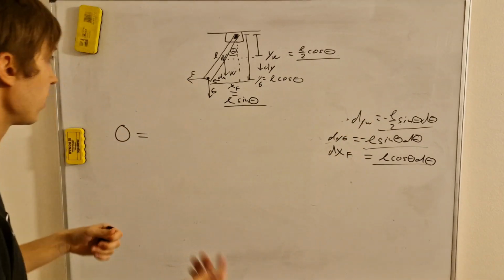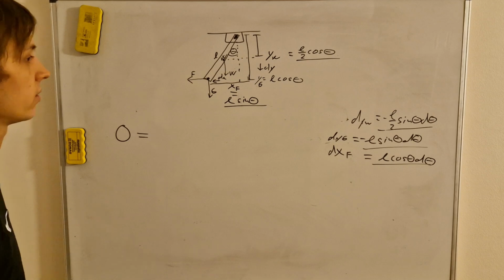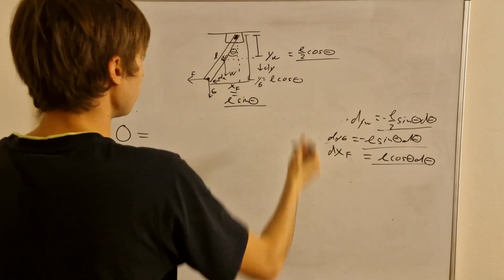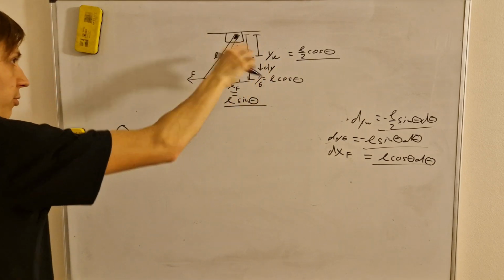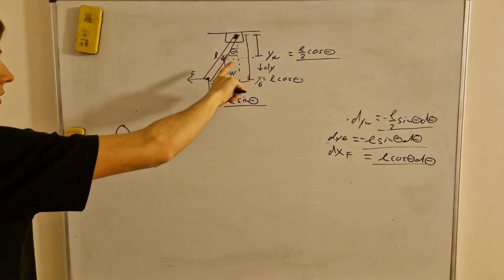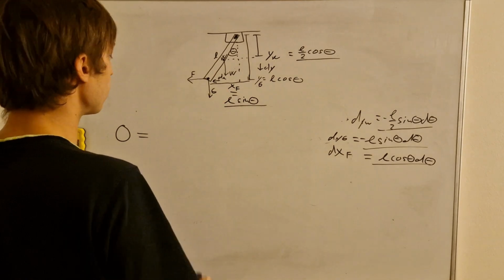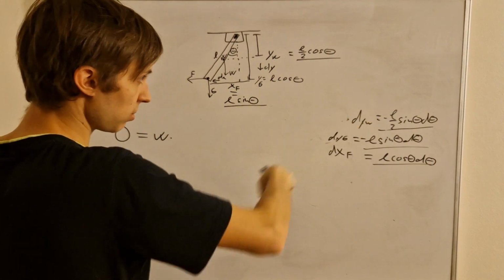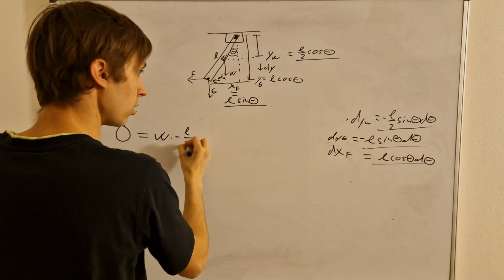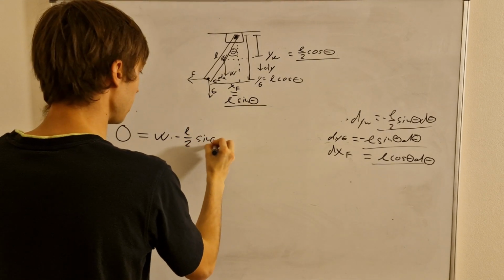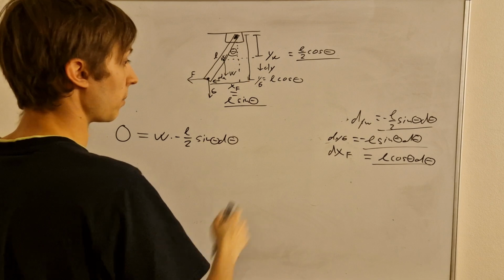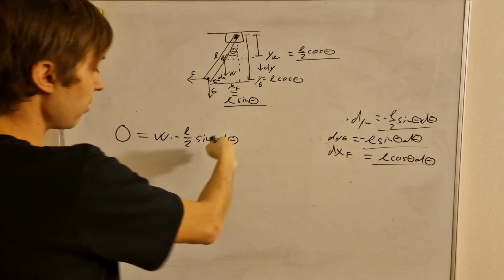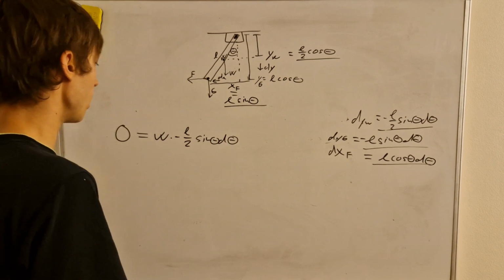And then everything's going to work together eventually. So dy, so the small change in y, or differential of the distance y for the weight w. So it's going to be the force itself times the change in displacement it causes, sine theta, d theta. I'm going to write even the d theta, but we'll see in the end the d theta will cancel with the 0 anyway. We'll divide both sides by d theta.